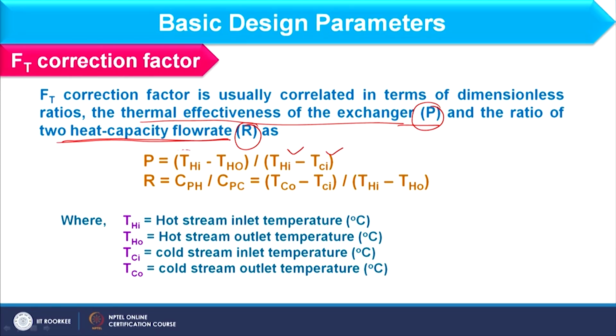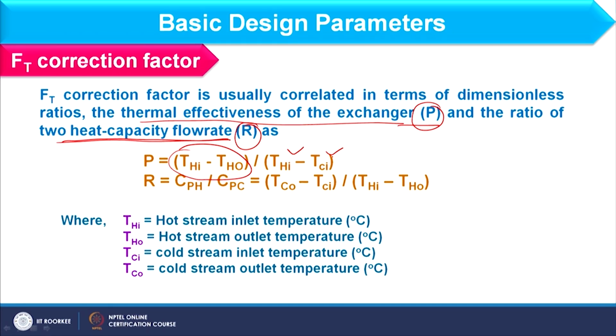THI minus THO is the temperature difference of one fluid, the hot fluid, and THI minus TCI is nothing but the maximum driving force, or maximum temperature difference available in a heat exchanger, because the highest temperature is when the hot fluid is entering, that is THI, and the lowest temperature is when the cold fluid is entering, that is TCI.